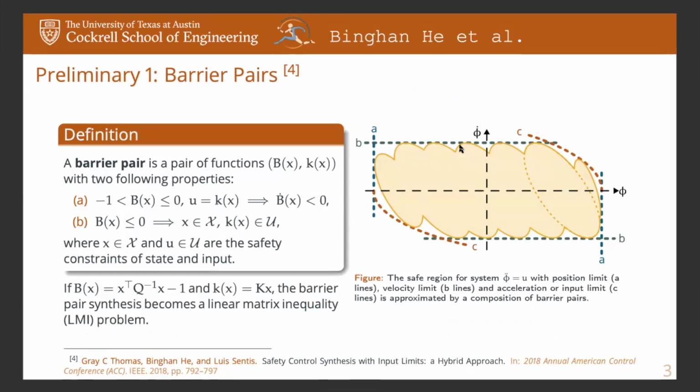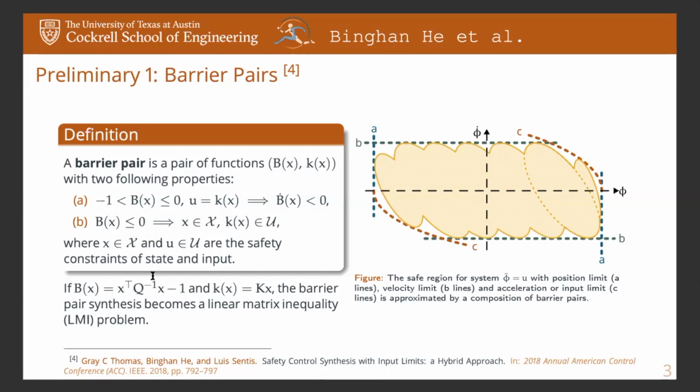I want to introduce two concepts before showing you our proposed new method. The first one is called barrier pair, which is a pair of a barrier function and a stabilizing controller. When you are using this stabilizing controller, the sublevel set of this barrier function becomes an invariant set. Inside this invariant set, the state and input constraints are both satisfied.